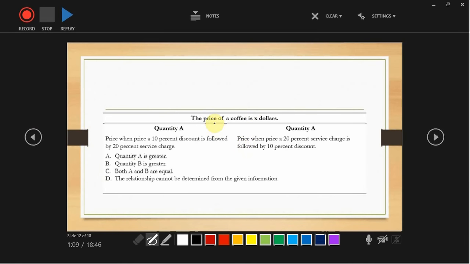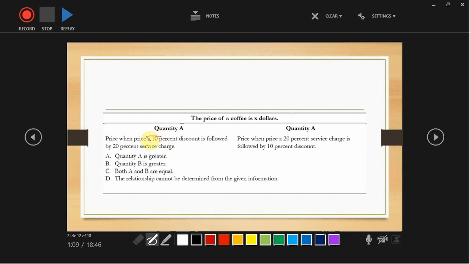So a quantitative comparison question. The price of a coffee is X dollars. Quantity A is the price when a 10% discount is followed by a 20% service charge.